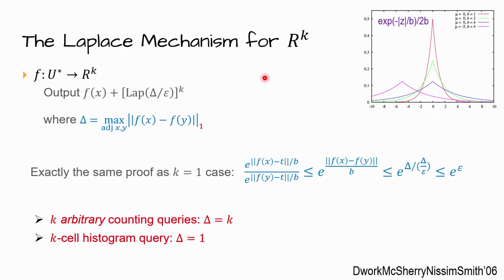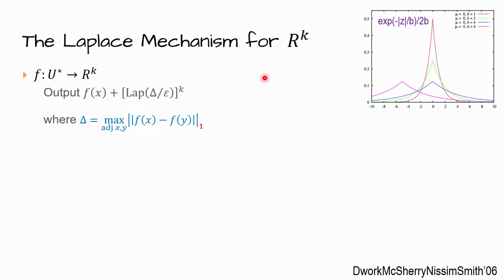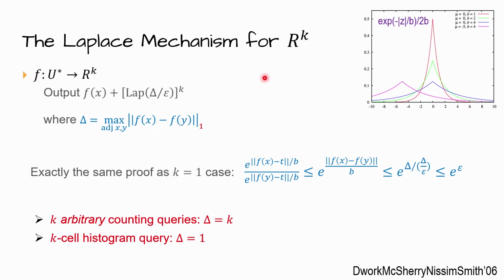The presence or absence of any one person could potentially change the outcome to this sequence of questions by k, because you might have one more person who likes to jog and one more person who likes muffins, one more person who likes pasta, and so on. So the sensitivity for k arbitrary counting queries, known in advance, is k.